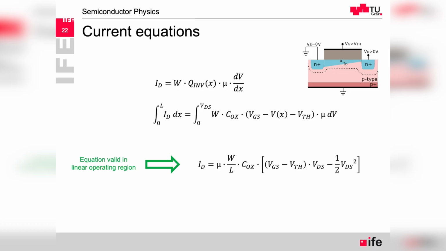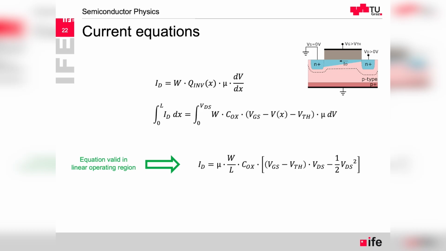Then when we calculate this integral, we come to the expression of the drain current of the MOSFET transistor, which is the mobility, times the width over length of the transistor, times the oxide capacitance, which is in farad per micrometer square.